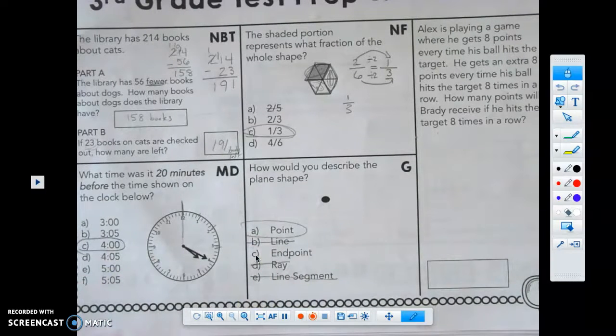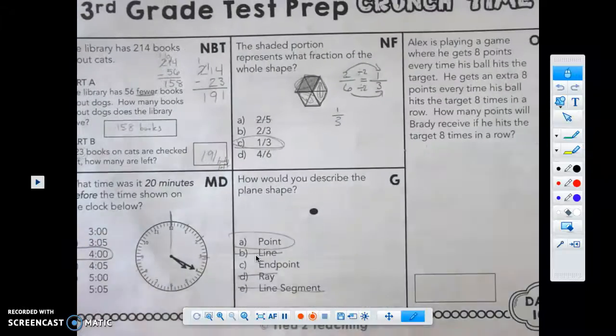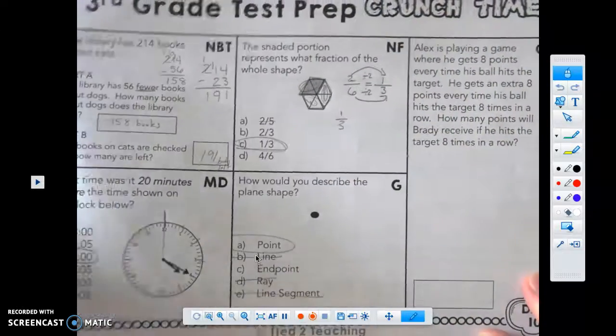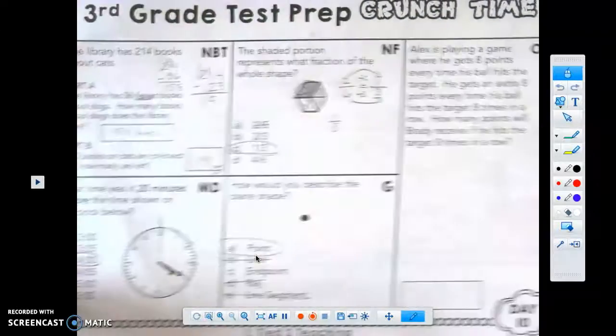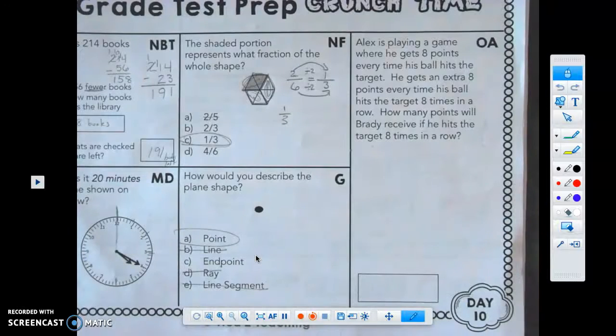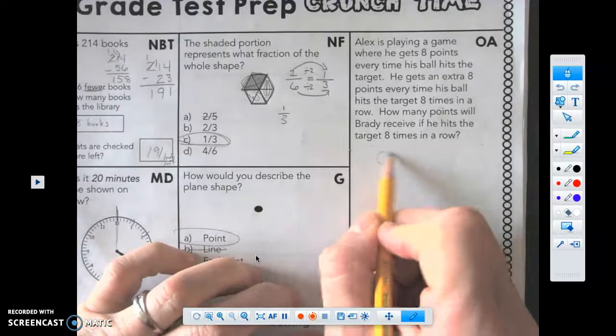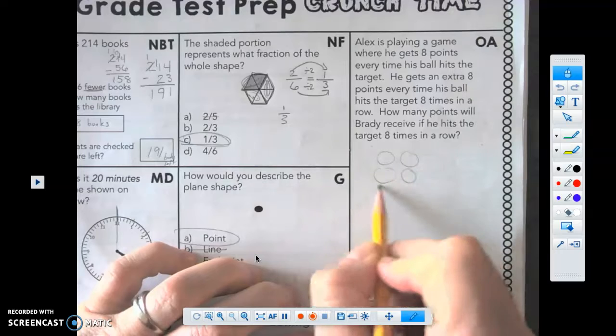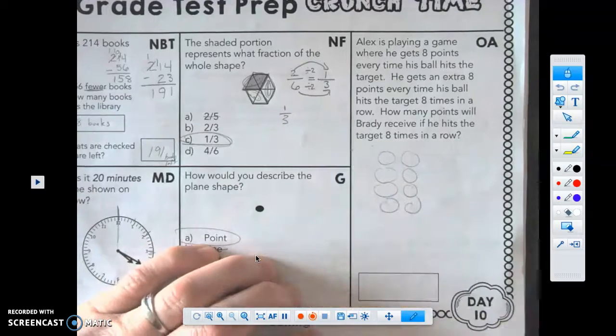Okay. Last one here. Alex is playing a game where he gets 8 points every time he hits the target. He gets an extra 8 points every time his ball hits the target 8 times in a row. How many points will Brady receive if he hits the target 8 times in a row? So there's 1, 2, 3, 4, 5, 6, 7, 8.